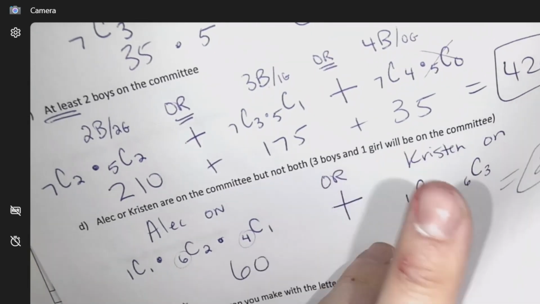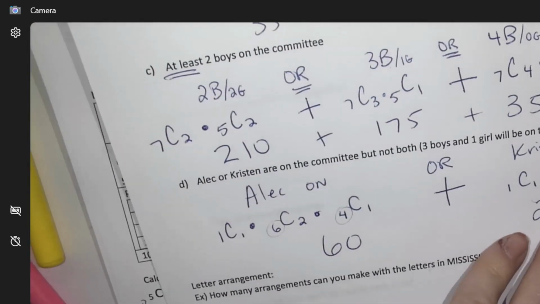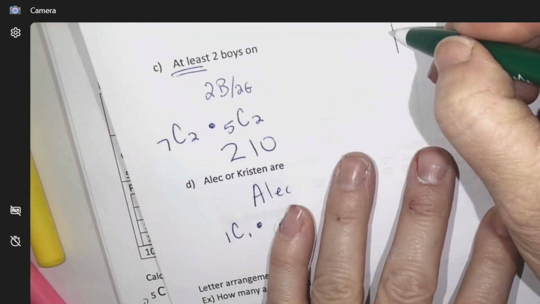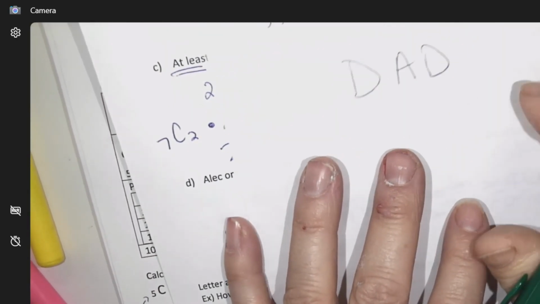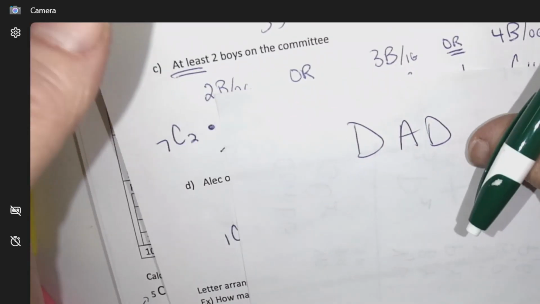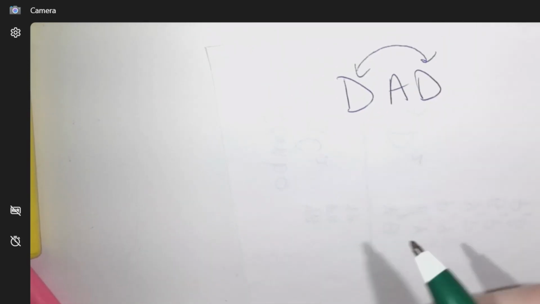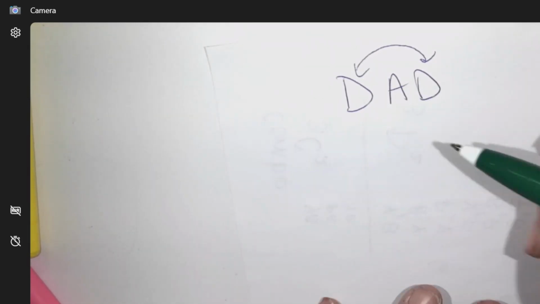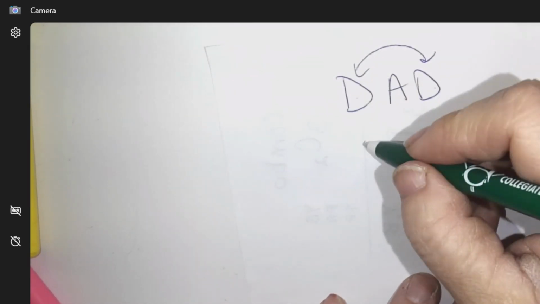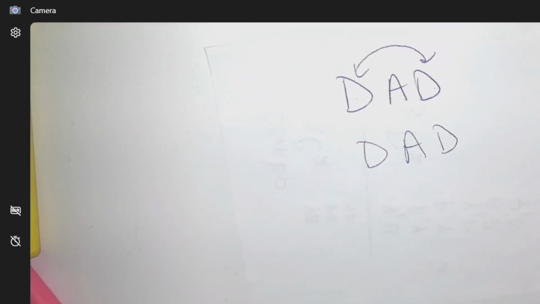Okay, arranging letters. Just simply, if I had something like this, the word dad, and I could rearrange the letters. So if I moved this letter there and this letter there, it would still look like that. It's still the same.